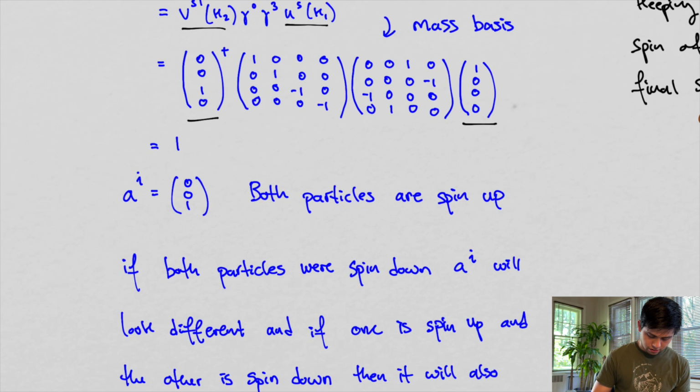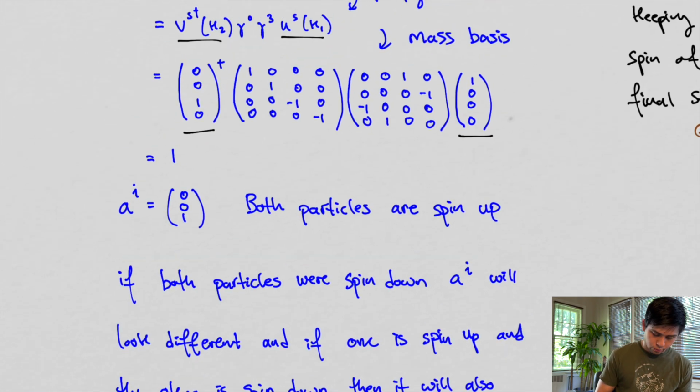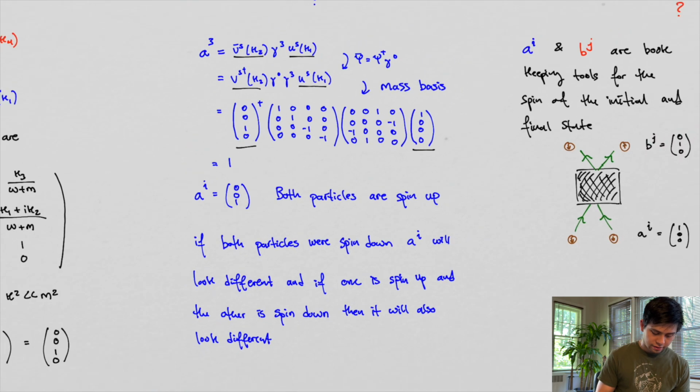All right. And when you do all this, you're going to get 1. You can go ahead and do this matrix multiplication. I'm assuming you guys know how to do that. We get 1. So A3 is 1.